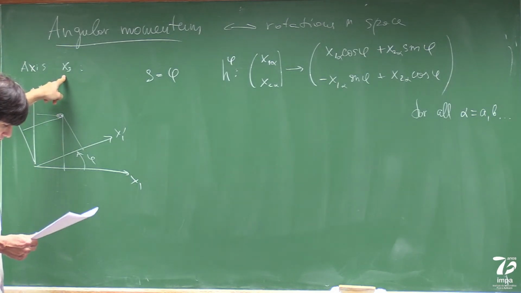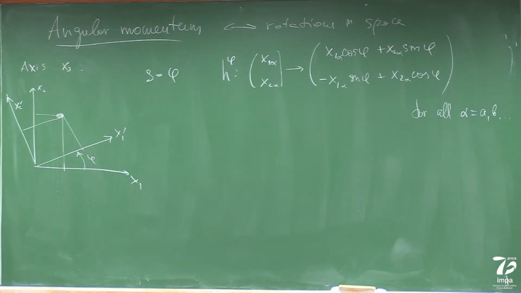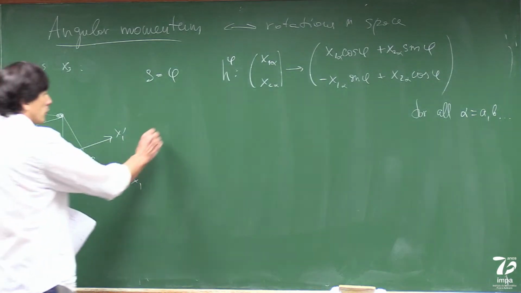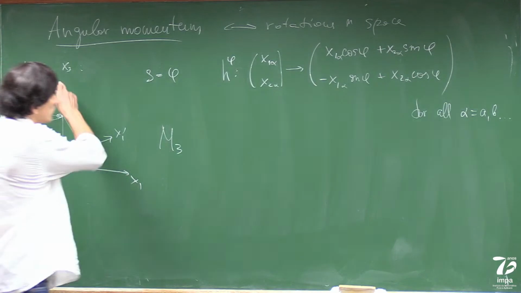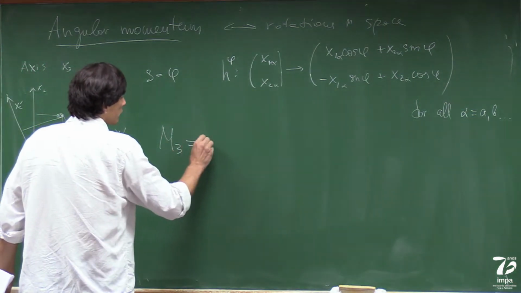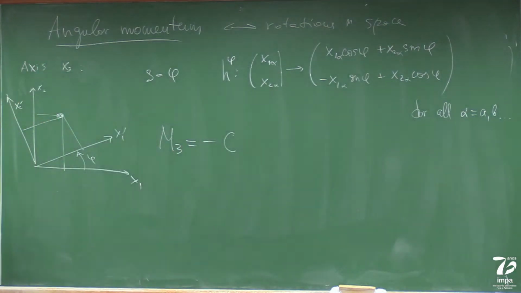Okay. So then we can compute the corresponding conserved quantity. We call it M3, because we rotate around axis 3, and we take it with a minus sign. If C is conserved, minus C is conserved, so it's just convenient to do it with minus.